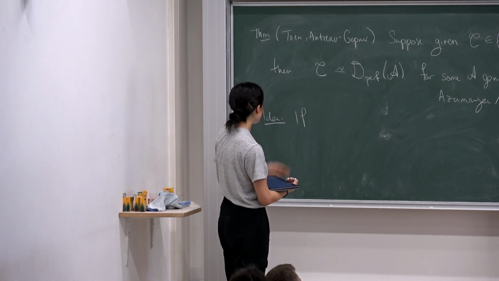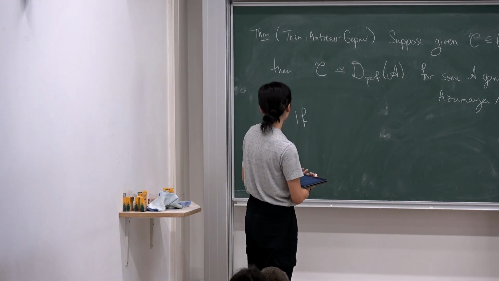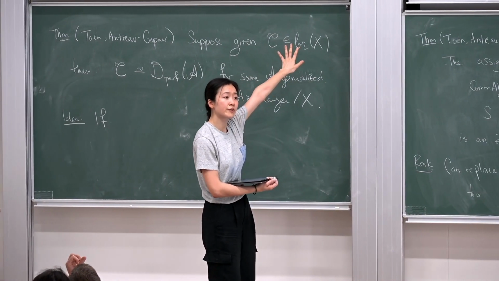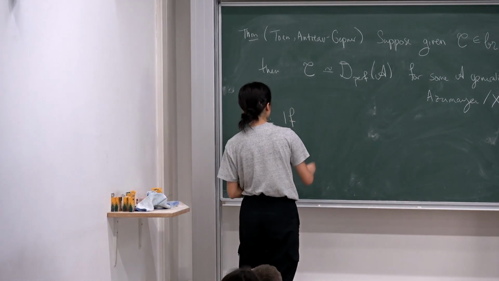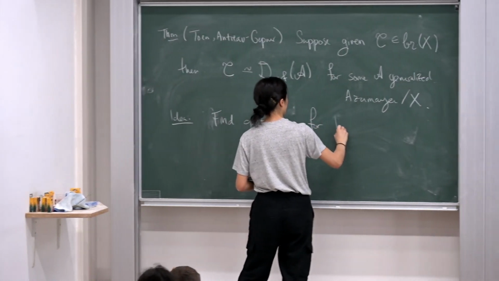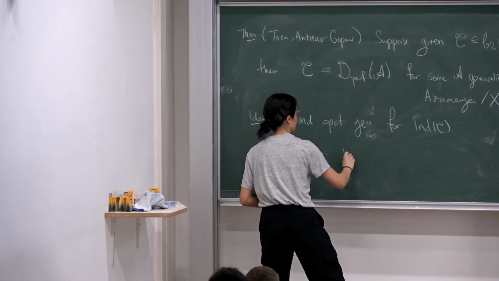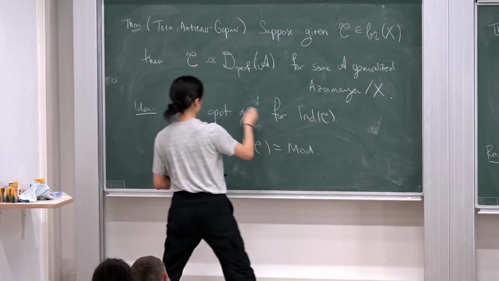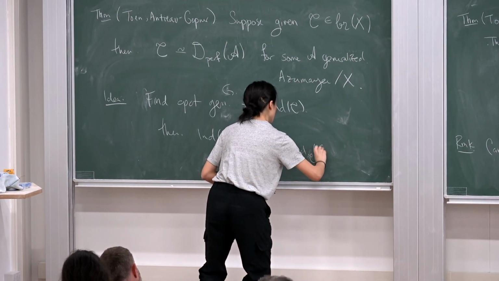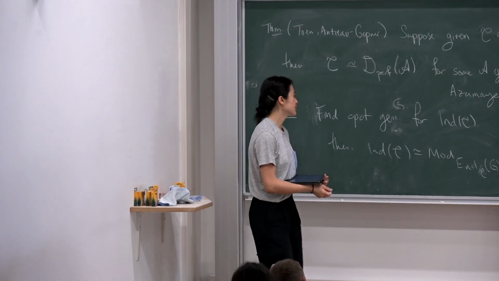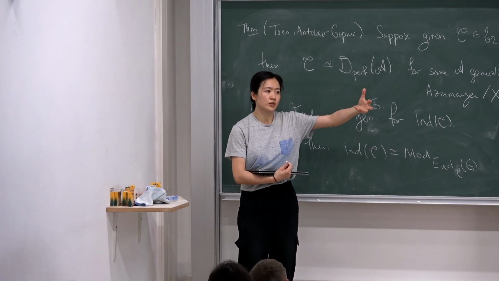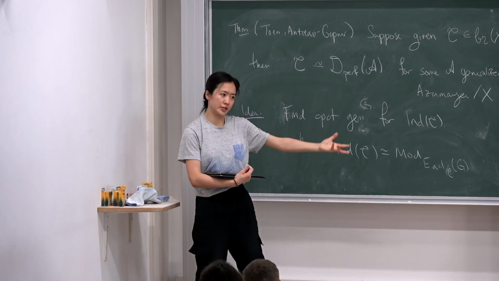But the idea is that in Toën's or Antieau–Gepner's work, we're really considering not necessarily C, but End of C, and we want to find a compact generator for End of C. Then End of C is equivalent to modules over the endomorphism ring of my generator G. And the idea is that if you have generators Zariski locally, then you can produce a generator globally.